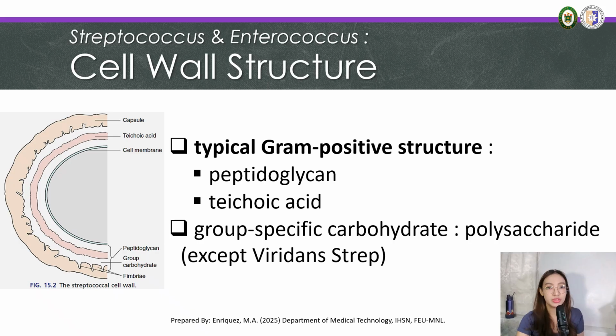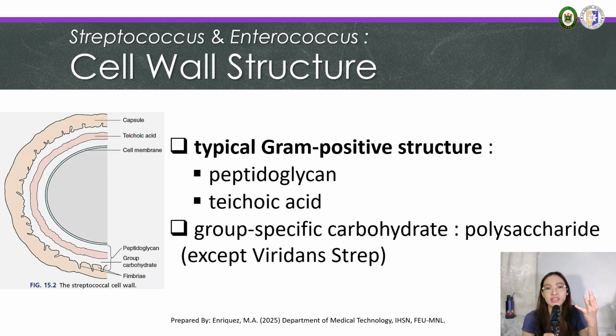Let's now look into the cell wall structure of both Streptococcus and Enterococcus species. They both have the typical gram-positive structure. So, i-expect po natin na makapal yung peptidoglycan layer, di ba po? But they also have teichoic acid and they also have group-specific carbohydrates.